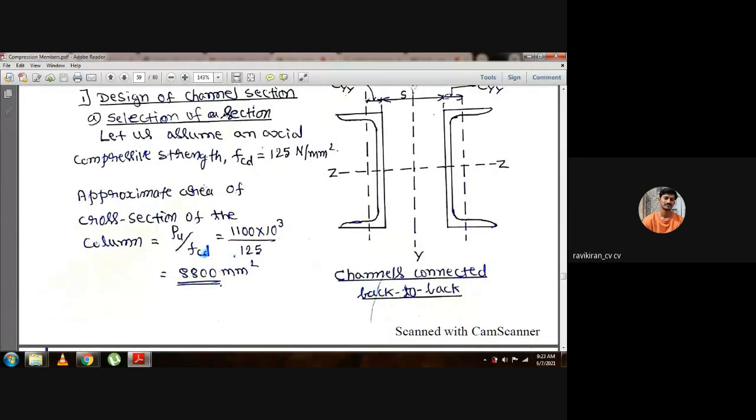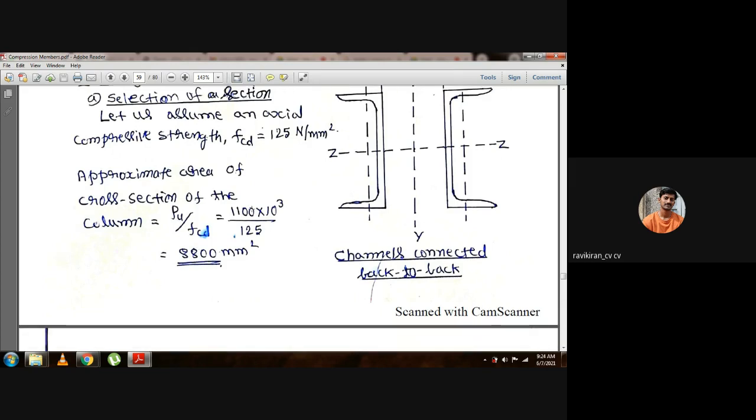So before selection of the section from the steel table, we should know the area. How will you get the area? Area will be based on ultimate load as well as FCD value. Initially, we do not know the FCD value. So let us assume compressive strength FCD as 125 Newton per mm square. So based on load and FCD value, we are going to get this for a trial section. Later on we are going to check whether the section we provided is adequate or not.